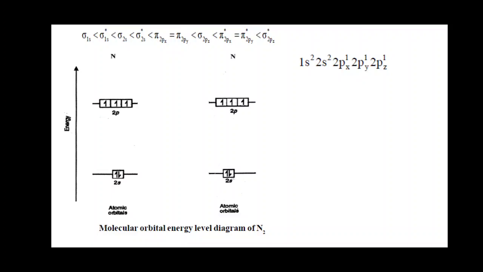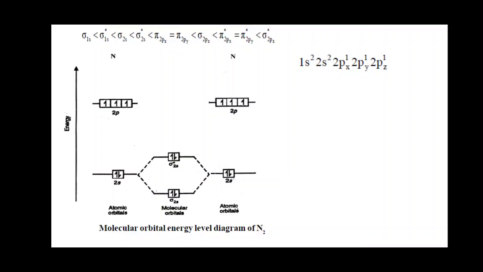Here both 2s orbitals are going to combine to give 2 molecular orbitals. One is the bonding molecular orbital, which has lower energy level, called sigma 2s. Another one is the antibonding molecular orbital, sigma star 2s.